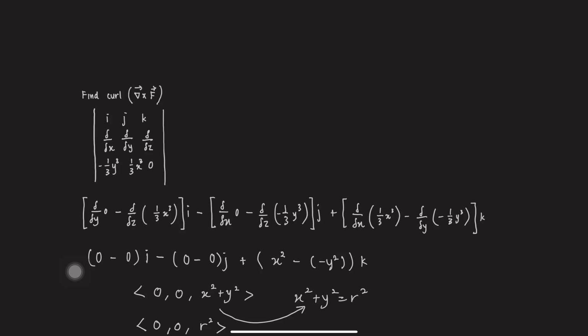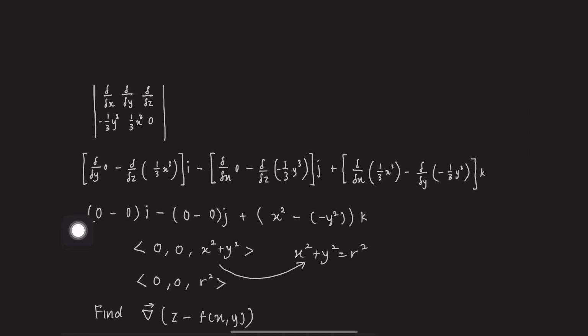First thing first, we have to find the curl of the vector field, for which we use the determinant form. For the i component, we get del over del y of 0 minus del over del z of 1 over 3 x cubed, minus the j component, which is del over del x of 0 minus del over del z of negative 1 over 3 y cubed, plus the k component, which is del over del x of 1 over 3 x cubed minus del over del y of negative 1 over 3 y cubed.